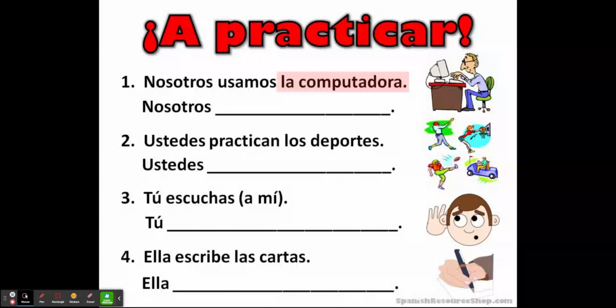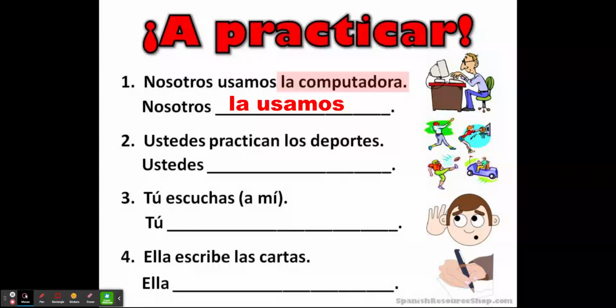What do we use? La computadora. So that's your direct object. Then you have to choose the direct object pronoun. La. Nosotros la usamos. Good.